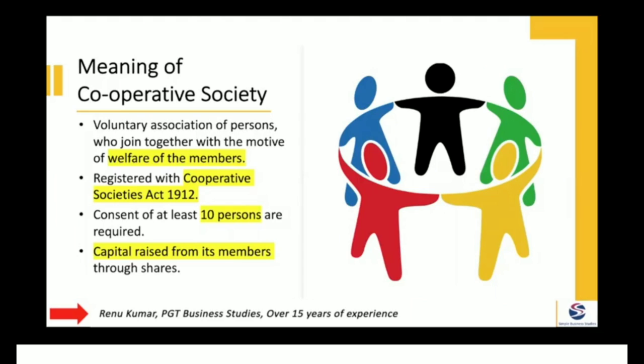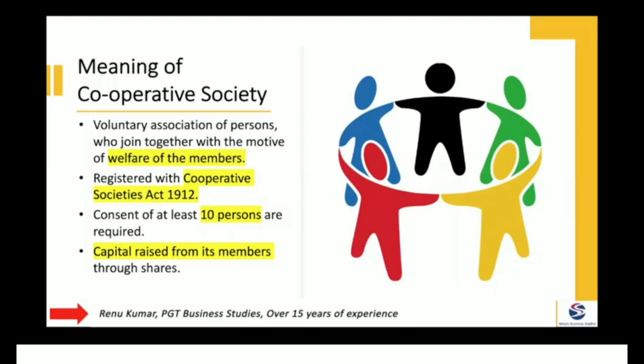and self-help. So to overcome the problem of over exploitation by the capitalists, by the company owners, by the people who were getting their business done through machines, and they were exploiting poor people, this cooperative society came into being.